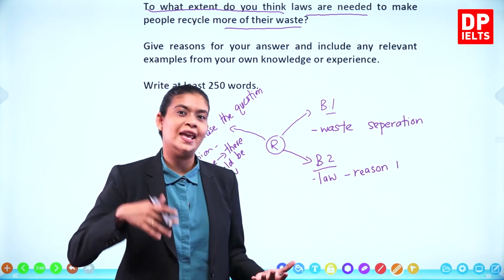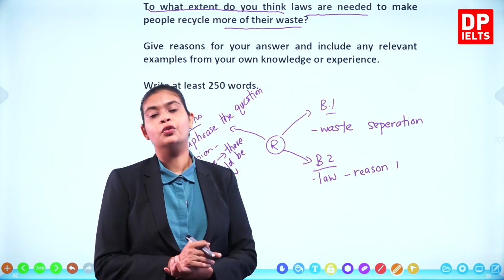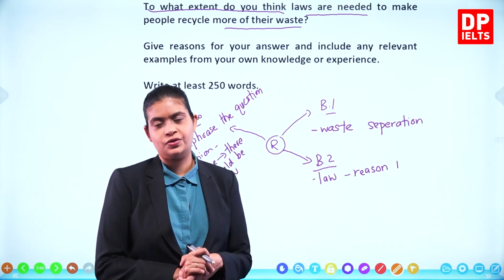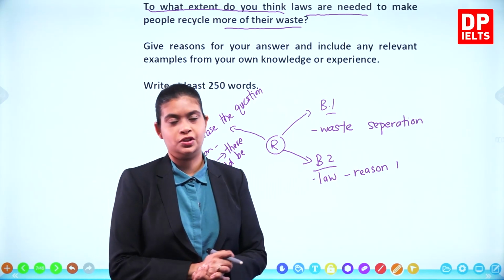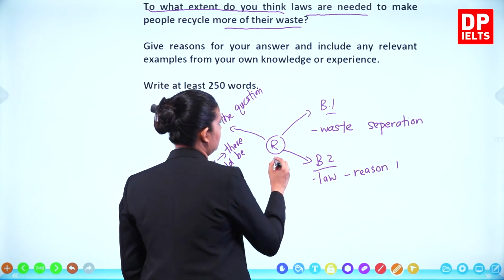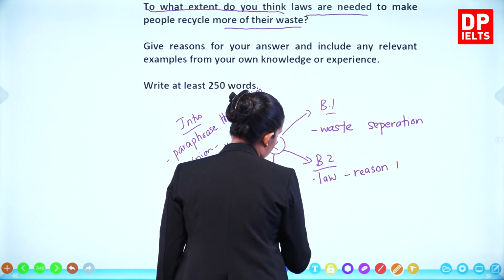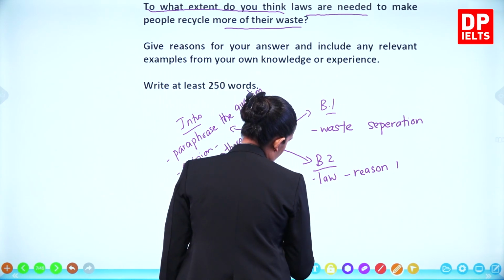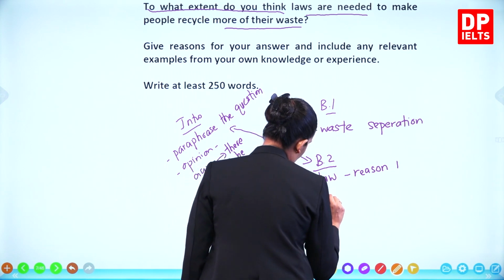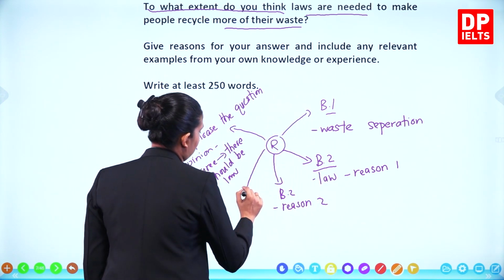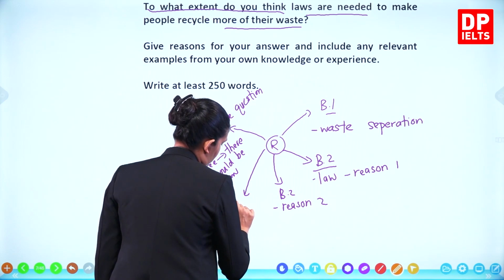So I think we should encourage people to follow a specific law so that they know, okay, if we do this, this is going to be our punishment, okay? So I'd like to at least put down 2 body paras. Reason 2. Why we should have it, and then finally conclusion.